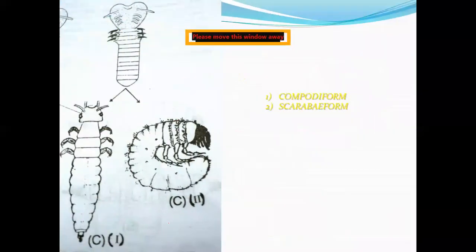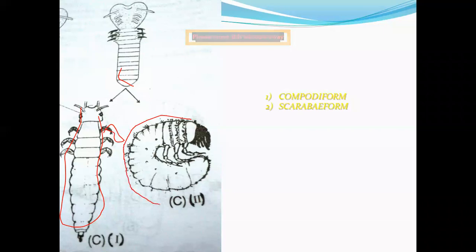When the egg hatches, the larva is first dorso-ventrally narrow and flattened, that is campodiform. When it becomes the next larva, it is C-shaped, sluggish and slightly swollen, which is called scarabidiform. These are the two larval stages formed in different instars of hypermetamorphosis.